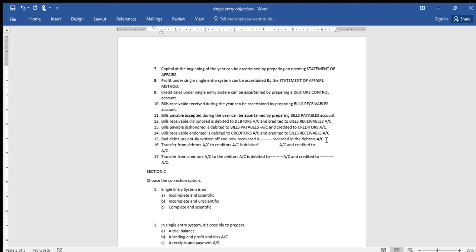When they are written off, we record them in the debtors account because they are reducing the money that we are supposed to receive from the debtors. So here the bad debts previously written off and now recovered is not recorded in the debtors account.